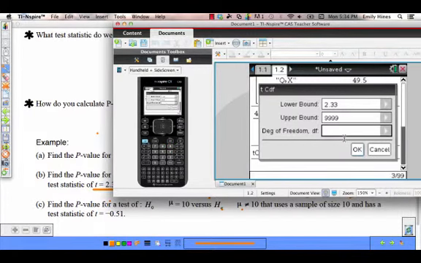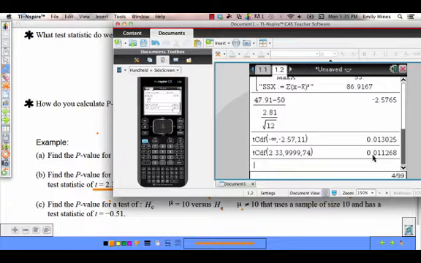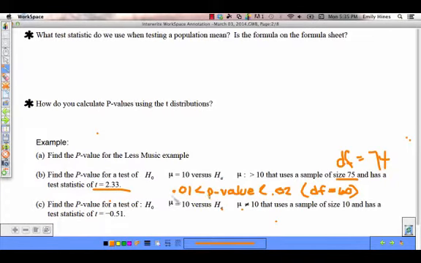And my degrees of freedom is 74, since my sample size was 75. I hit OK, and I get 0.011. So really, really close to this bottom one over here of 0.01. Okay, so using the calculator, I get a p-value 0.011.